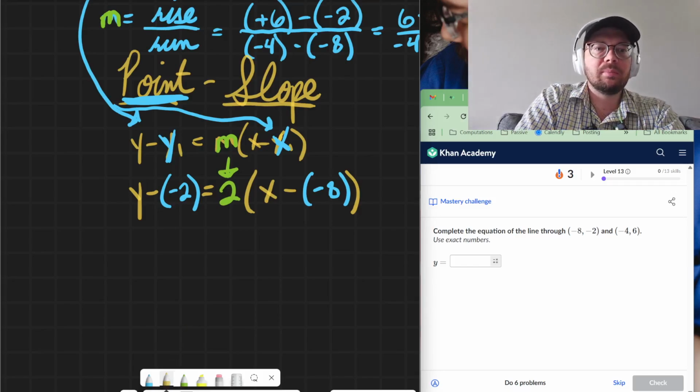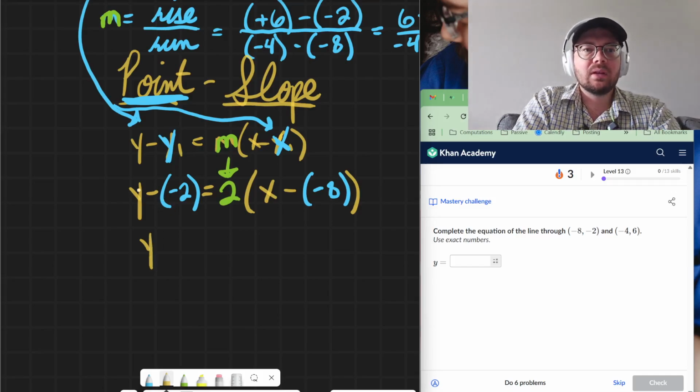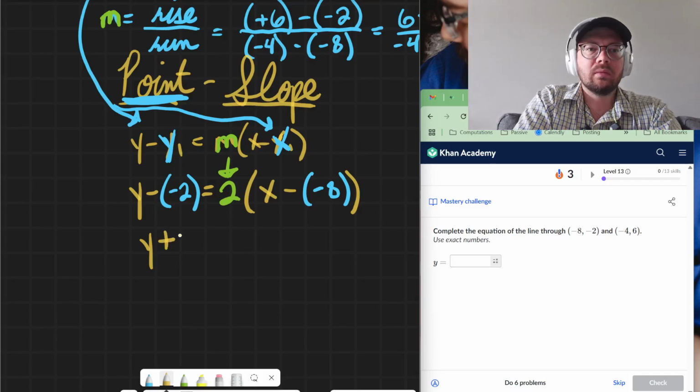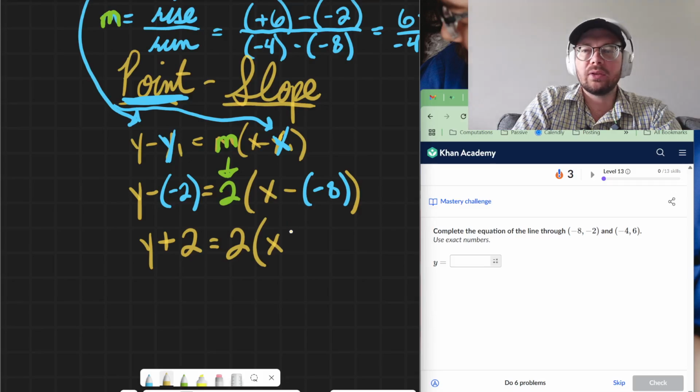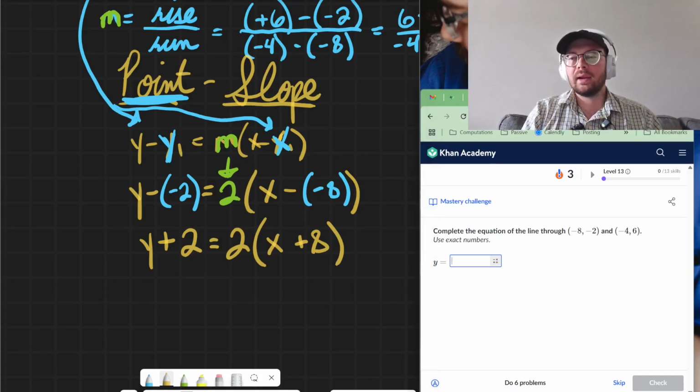So in order to completely clean this up, all we need to do is get rid of double negatives. So y minus negative 2, y plus 2 instead. And then the 2, we don't need to distribute, but we do need to clean up the double negative. Two negatives right next to each other means a positive. And then that is our answer.